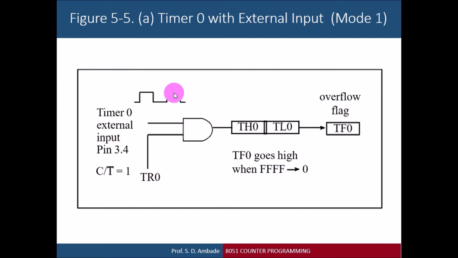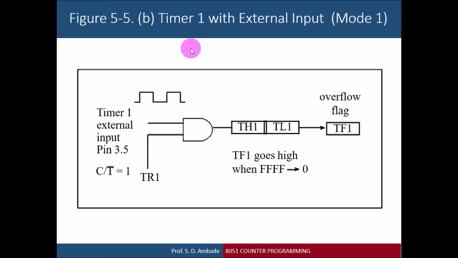These pulses we have to count. The count of these pulses will be loaded in the registers TH0 and TL0. Whenever this count goes from FFFF to 0000, means the counter rolls over, then the TF0 flag will be raised.